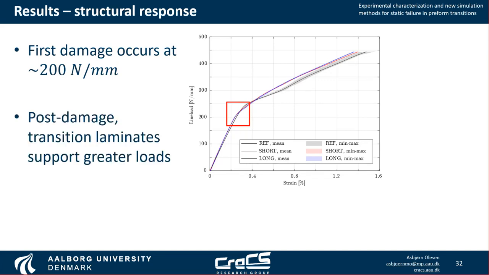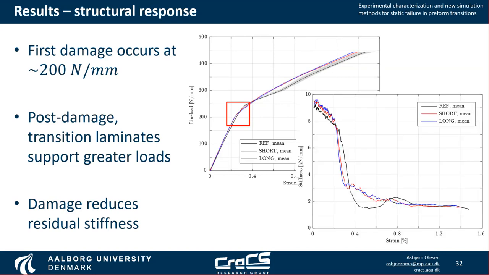What's more is that after this, the curve up here, we see that the transition laminates, which are completely overlapping here, support a slightly greater load compared to the reference specimen. The damage, of course, also reduces residual stiffness, as shown here with the stiffness. And what we see is that this point here is associated with a large decrease in the residual stiffness.